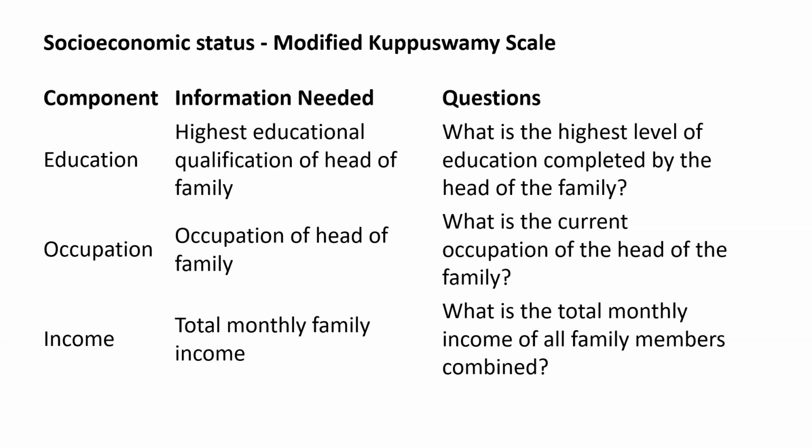You will have to ask what are the different components of the scale. So if it is education, occupation, income, then what do I need to know under each of these components? And then how do I frame questions to collect authentic data for each of these components, which in turn will help me come up with data for the modified Kuppuswamy scale.